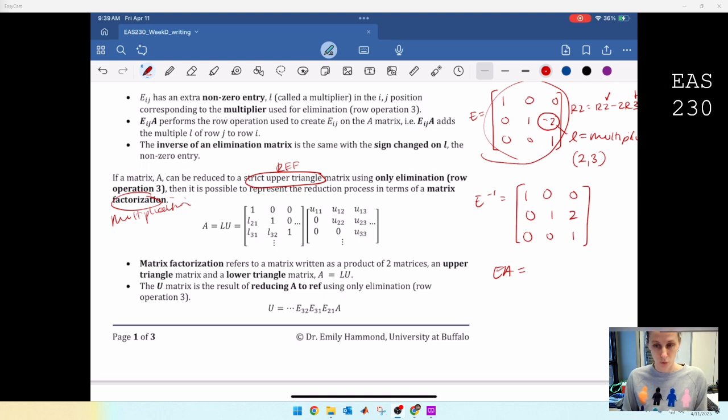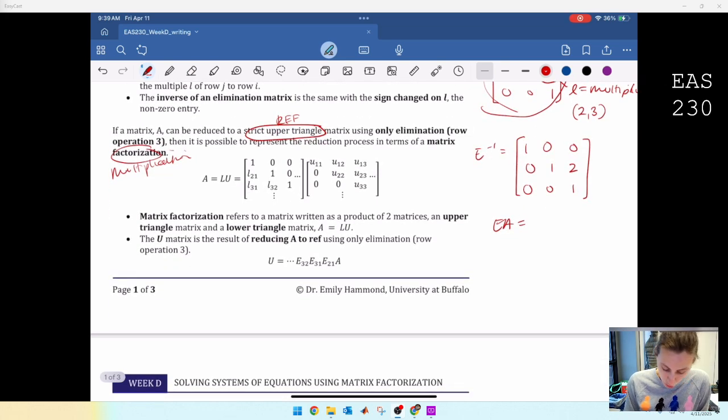So if I do 3 of those to reduce my matrix to get my 3 zeros in REF, get that 0, that 0, then it's really just 3 matrix multiplications, represented like this. So E21 gets the 0 in the 2, 1 location. E31 gets the 0 in the 3, 1 location, and E32 gets the 0 in the 3, 2 location, which if you have bigger than a 3 by 3, you're going to need more, but we're going to start with a 3 by 3 and work through those examples, and then expand.